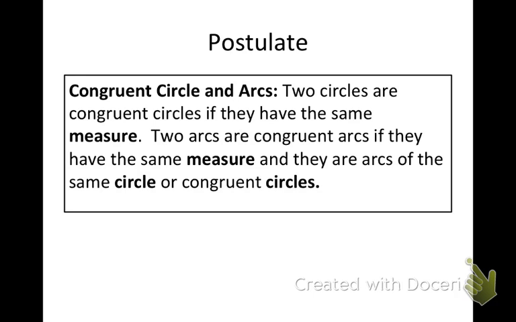So if two circles are congruent, they have the same measure, which is really congruent radii. Two arcs are congruent arcs if they have the same measure and are arcs of the same circle or congruent circles. So we're looking for congruent radii, we're looking for congruent degrees. We look at the first example here.